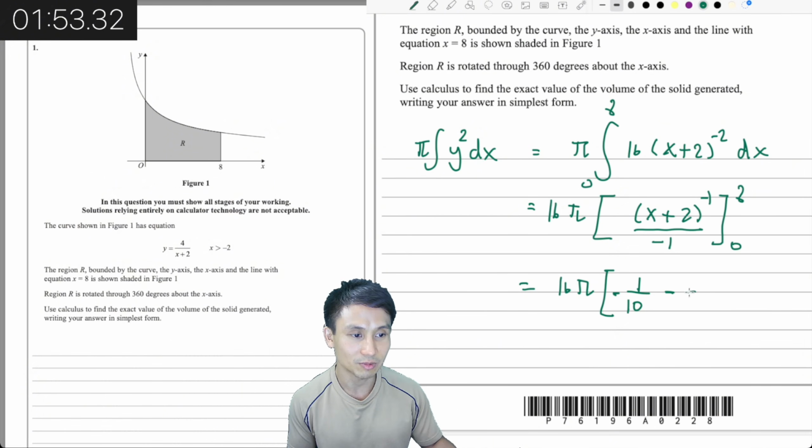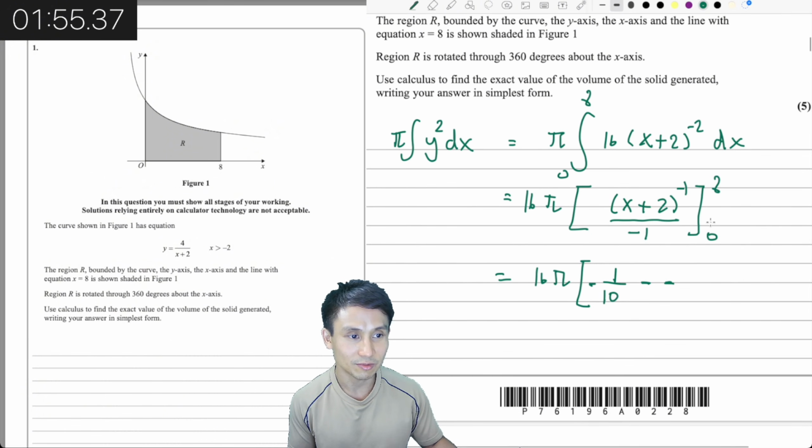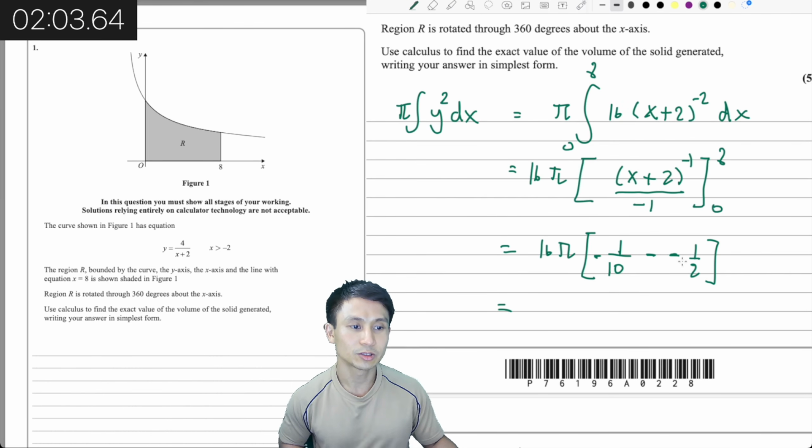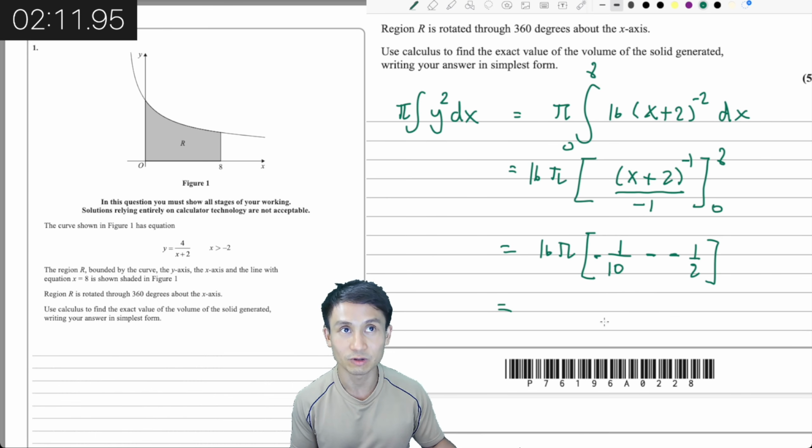And minus, the same thing, we put 0 in, we get 2 to the minus 1, which is 1 over 2. All right, so this is 1 over 2 minus 1 over 10, which is 5 over 10 minus 1 over 10, which is 4 over 10, which is 2 over 5. So this is 32 pi over 5.